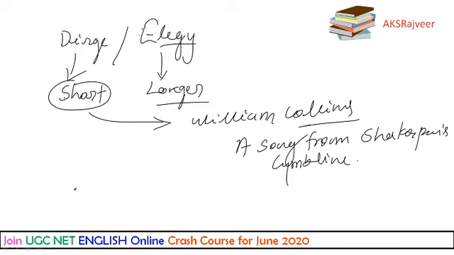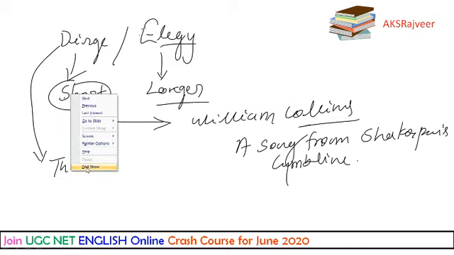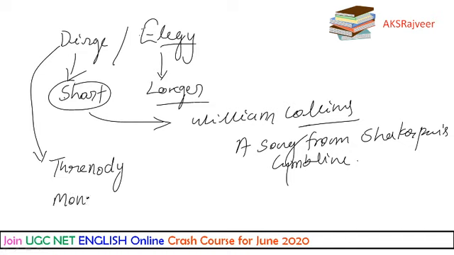And learners, we have also threnody and monody. Threnody and monody both are associated with the elegy genre.